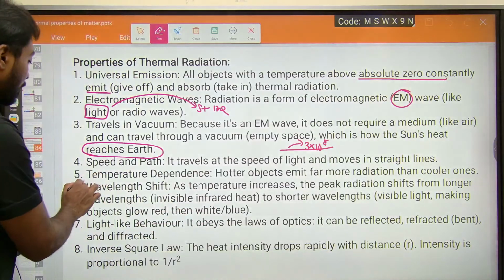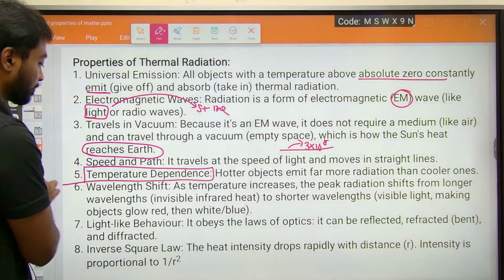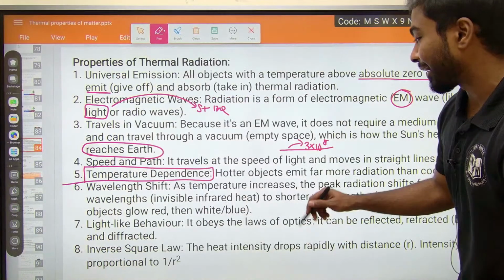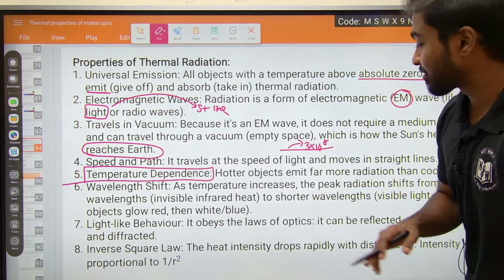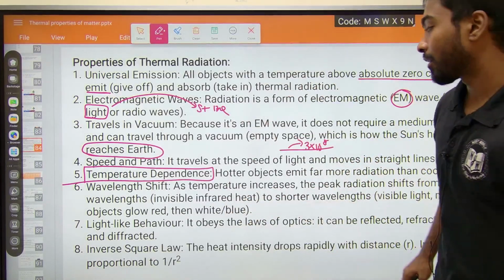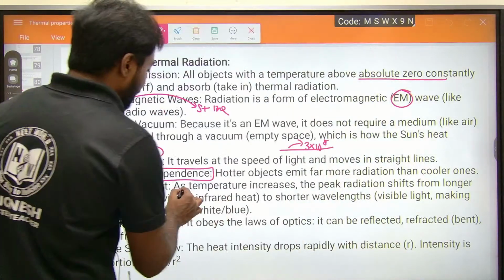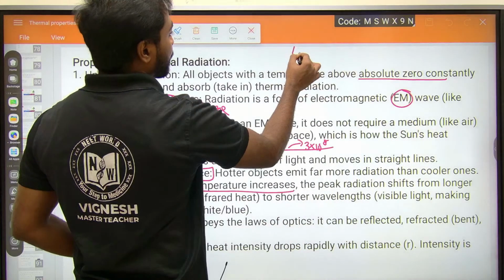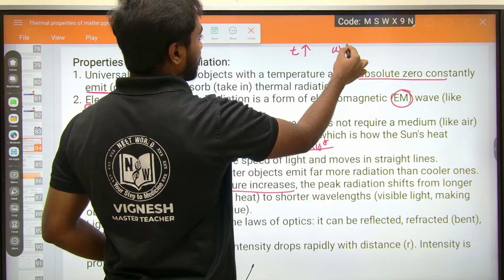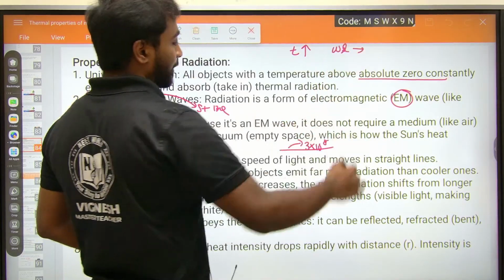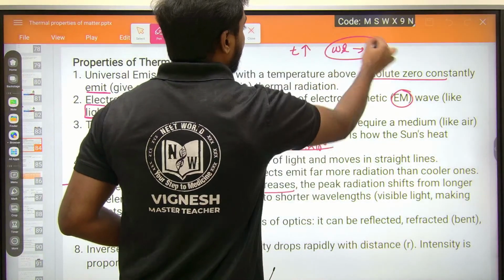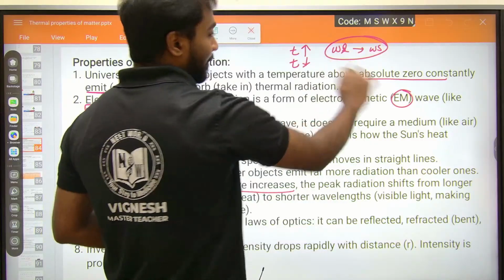Wavelength shift: as the temperature increases, the peak radiation shifts from longer wavelength to shorter. When temperature decreases, it is vice versa.